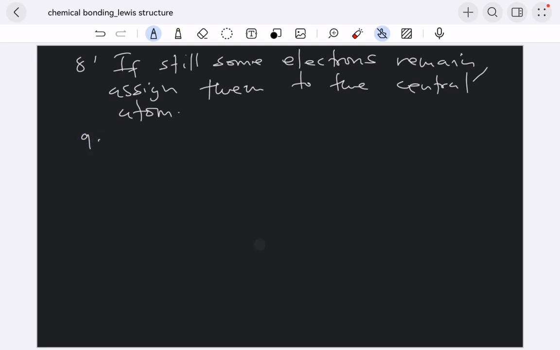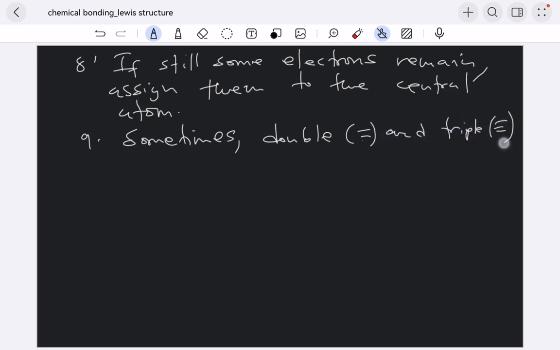Number 9, sometimes double and triple bonds are created. We will talk about resonance.